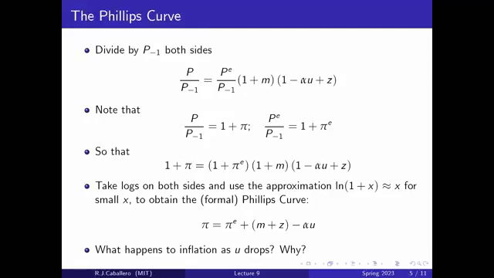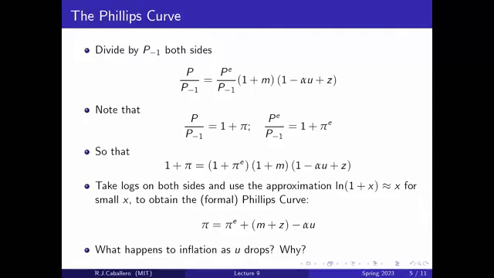That's exactly the same equation we had before. All that I did is I divided by P minus 1. Remember what this means. So if this is the price for January 2023, this is the price for, say, we're using annual data, January 2022. So I'm dividing by the price of January 2022, both sides.